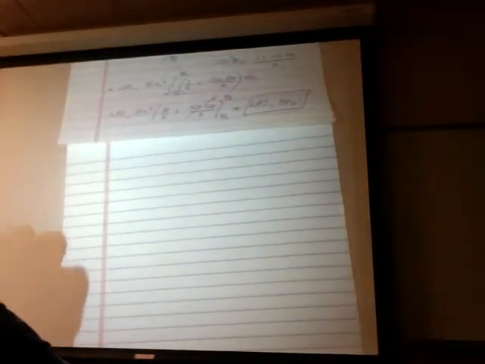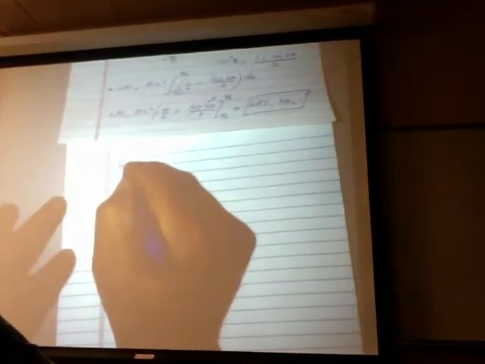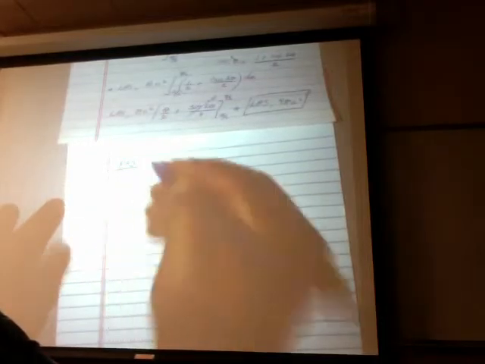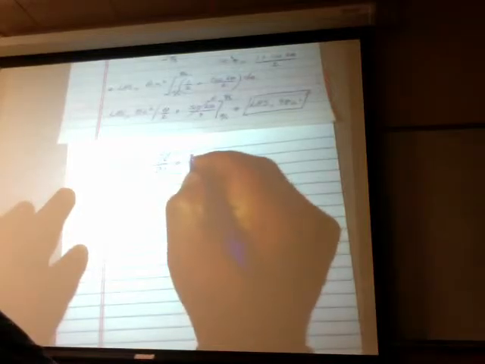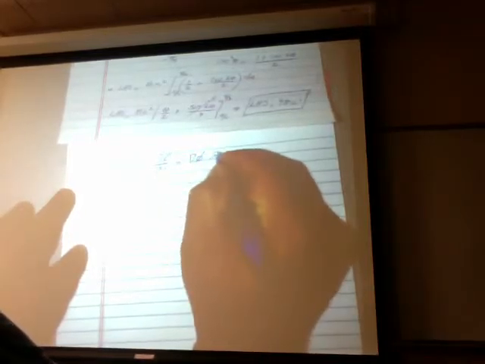All right, so that was the left-hand side. The right-hand side, the integrand is the phi dm, which, remember, is the gradient of phi dotted into the normal vector.